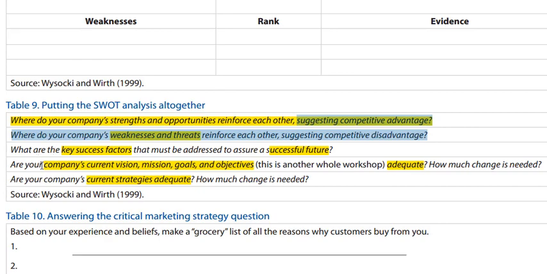Our last question in table number 9 is about the current strategy of the company and whether that is working fine or needs to be changed. After completing these 5 questions, there is a fair idea of what a company is doing and how much it needs to change strategically in coming years.